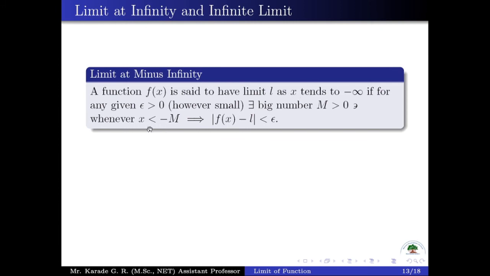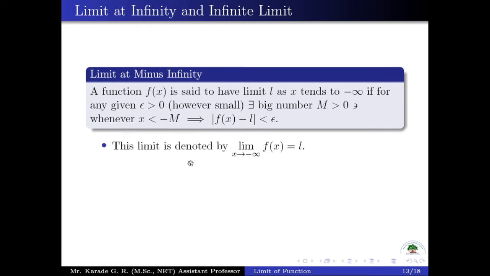So see here, this means that limit of f of x is L as x tends to minus infinity if whenever x becomes smaller and smaller, as m is a very big number, minus m is a very small number, and x is less than that very small number, the distance between values of function f of x and L is also very small.